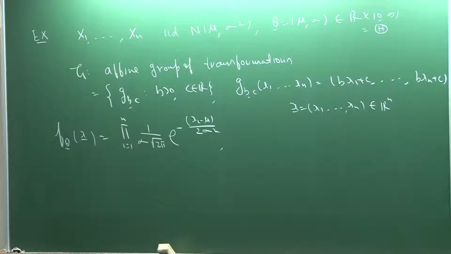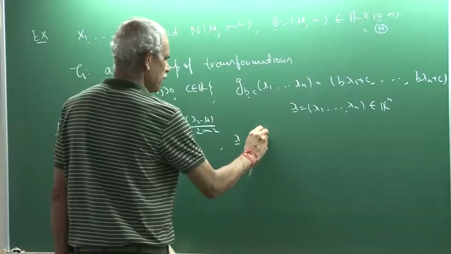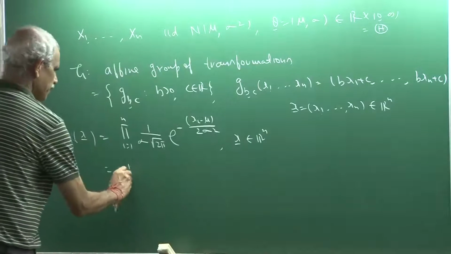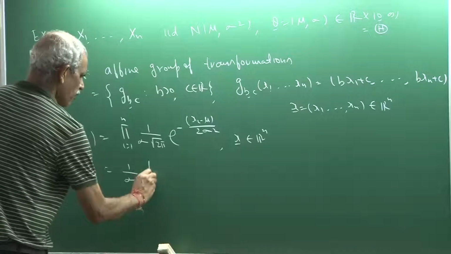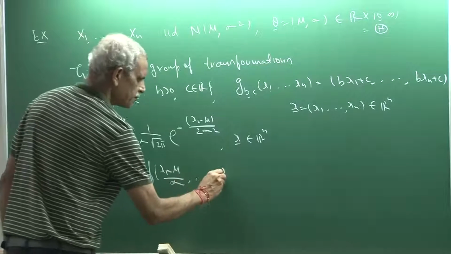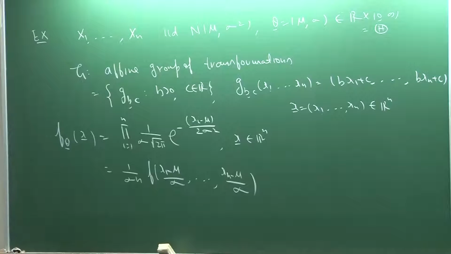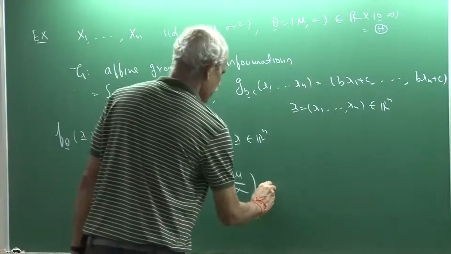This is what the density is, x belongs to Rn, which can be written as 1 by sigma to the power n, f of ((x1 minus mu) by sigma, ..., (xn minus mu) by sigma), x belongs to Rn.